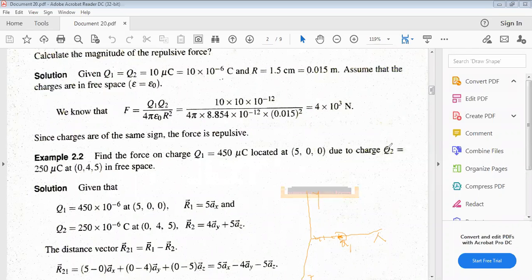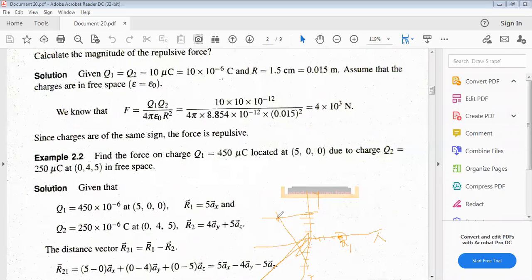And due to point charge Q2 in the Y and Z combination, on x equal to 0, that means 0, 4, 5. Let us say this is 4 and this is 5, in the z direction.